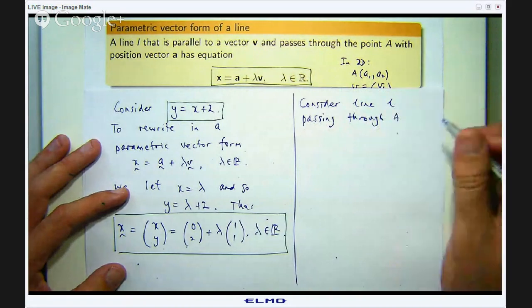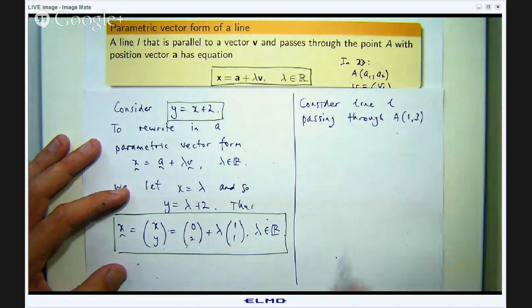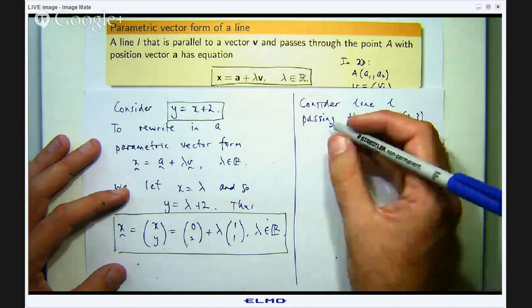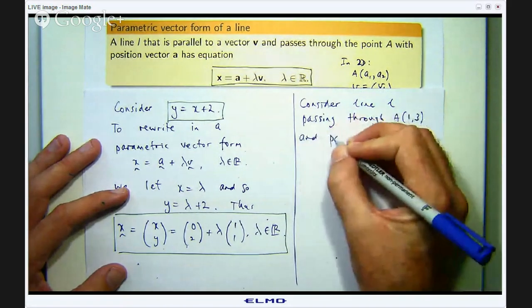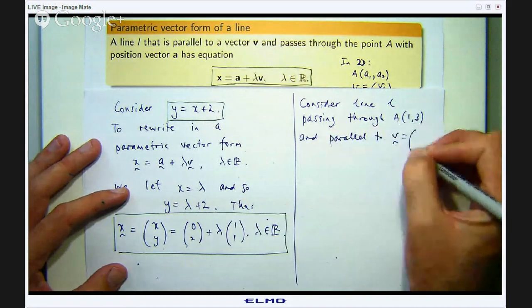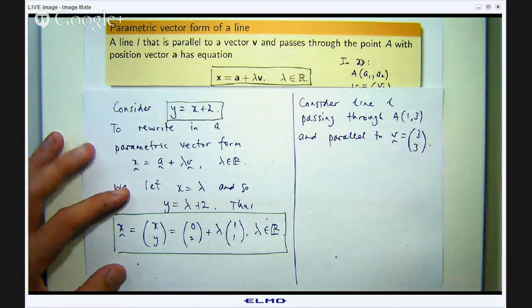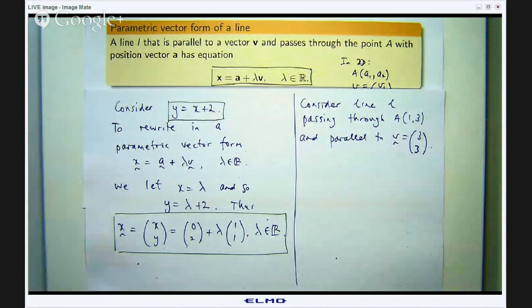So consider a line L passing through the point A (1, 3), and parallel to the vector V equals (3, 3). Now this was actually the vector form that I showed you on the screen before.